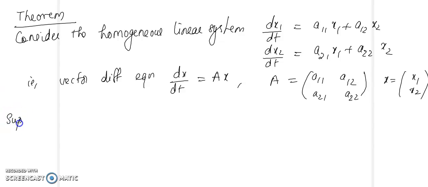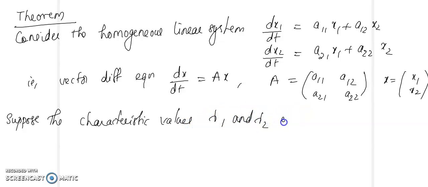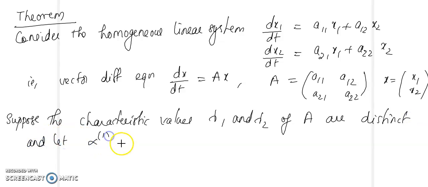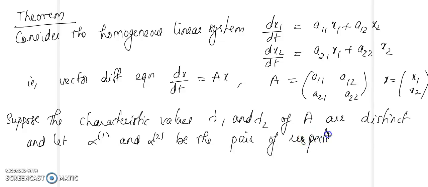And suppose the characteristic values lambda 1 and lambda 2 are distinct, and let us call alpha 1 and alpha 2 the pair of respective characteristic vectors of A.